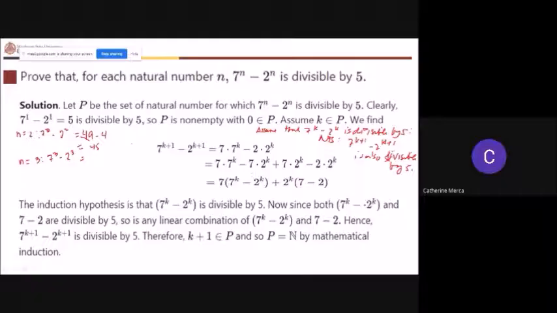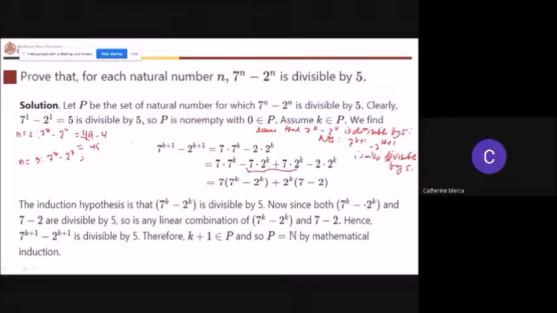Anong property ang ginamit natin? Add tayo ng 0. Adding 0 to any quantity, because 0 is an additive identity, diba? When you add 0 to any number, then you do not actually change it.